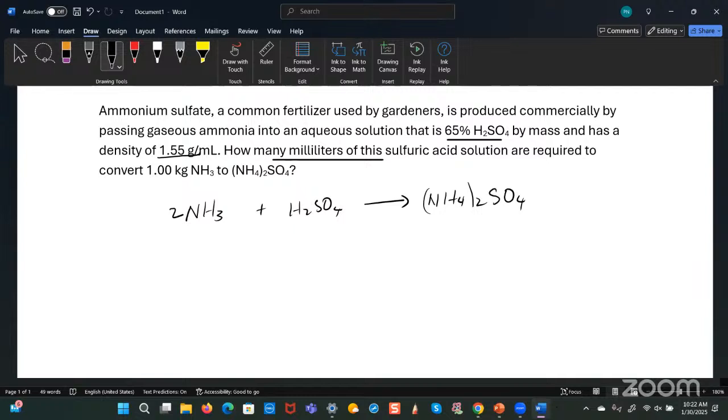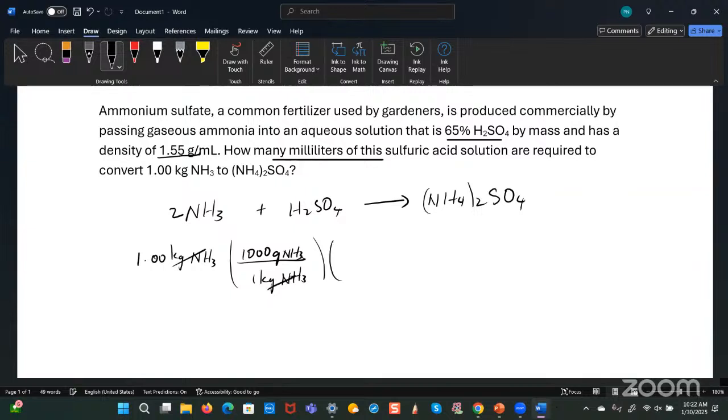So I'm going to start off with the 1.00 kilograms of NH3 and first convert that to grams. So I would have 1 kilogram of ammonia down here, and 1,000 grams of ammonia above, so that this goes with that.